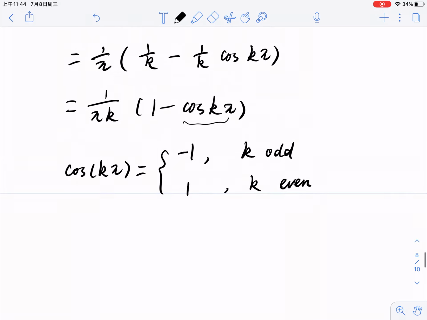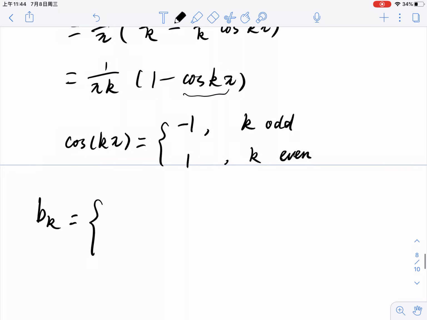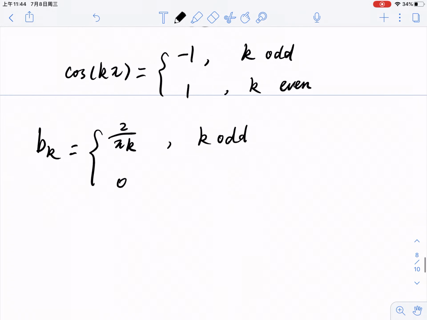So we got bk. When k is odd, cosine k pi is negative 1, so bk is 2 over pi k. When k is even, cosine k pi is 1, 1 minus 1 is 0, so bk is 0.